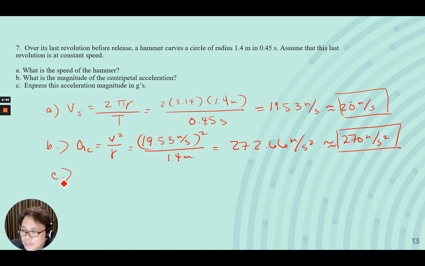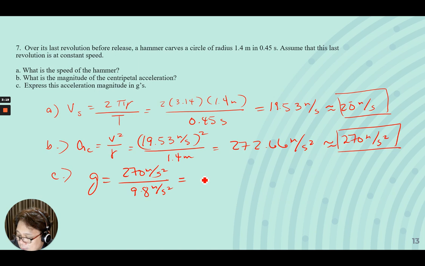Letter C, express this acceleration magnitude in G's. Okay, so in terms of G, this would be divide this by 9.8. In terms of G, this would be 270 meters per second squared divided by 9.8.